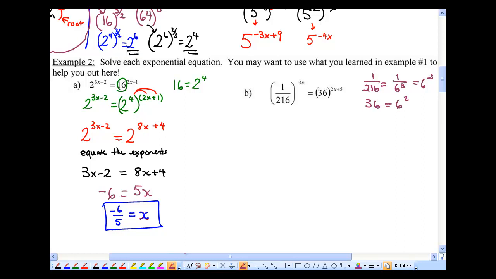If you choose the base of 6, I'm very proud of you. Now go ahead and substitute. Now simplify. Now equate the exponents.